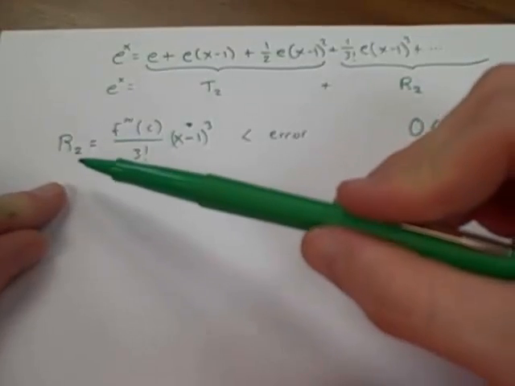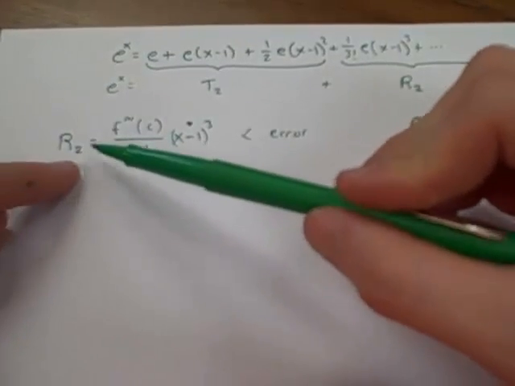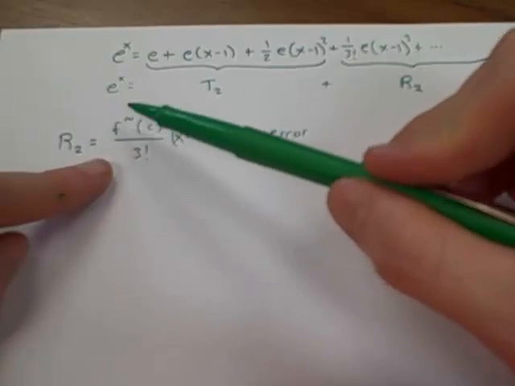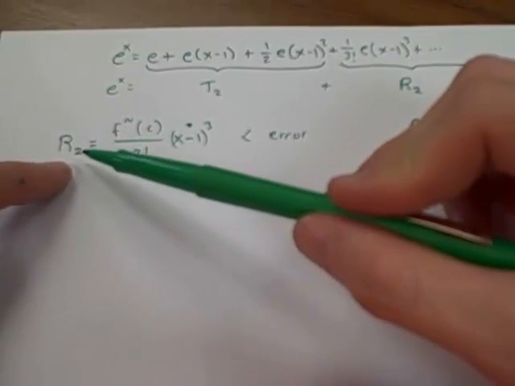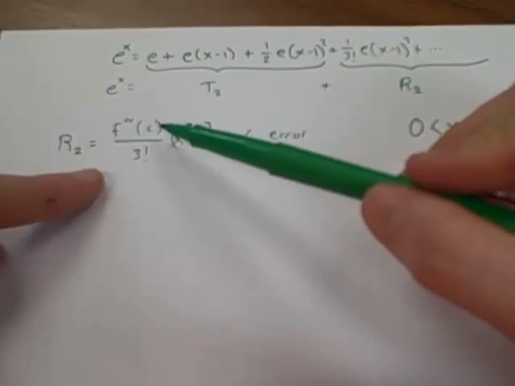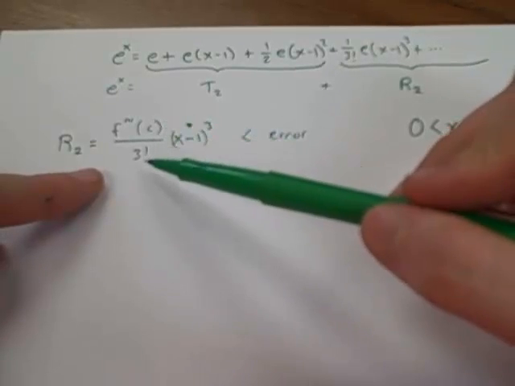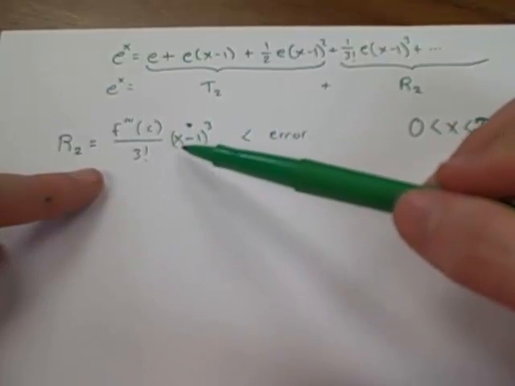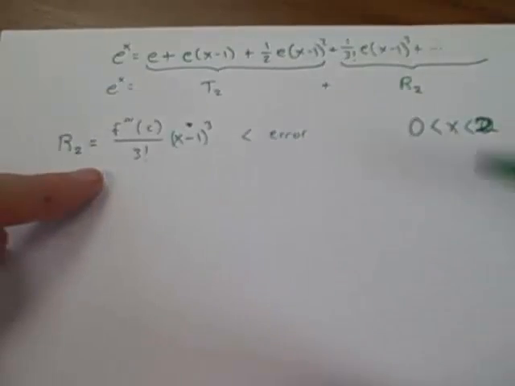So let's write the error term for r sub 2. I know it should be the third derivative, because the n value here is 2. So the third derivative evaluated at some number c, divided by 3 factorial, times x minus 1 cubed.